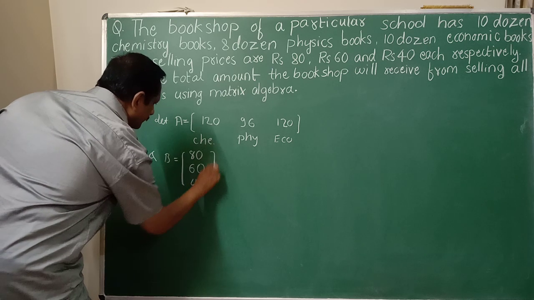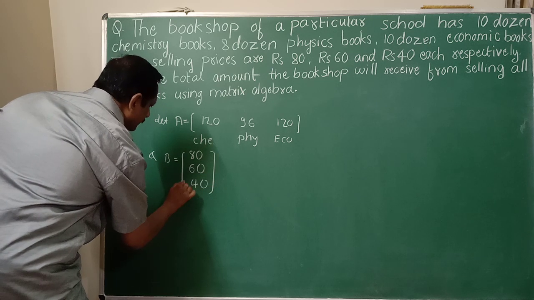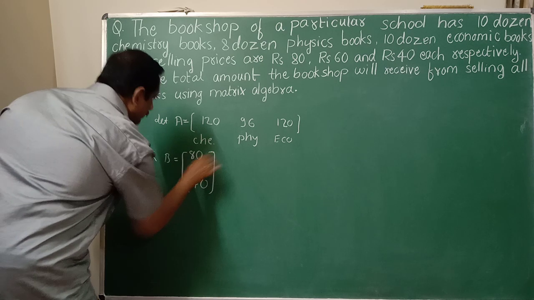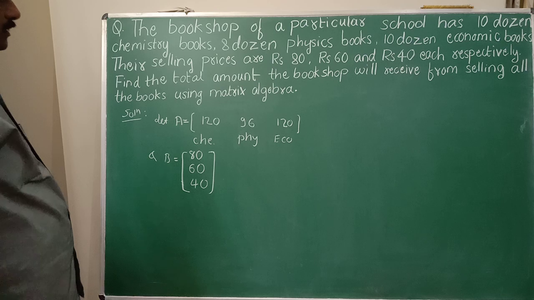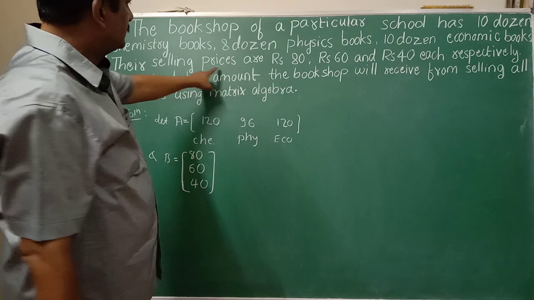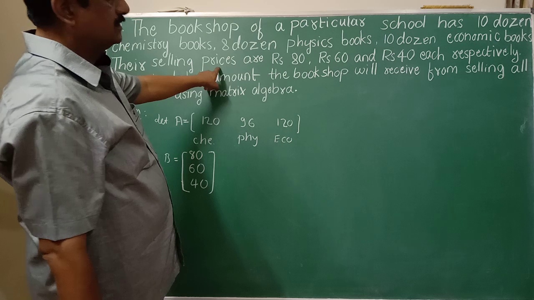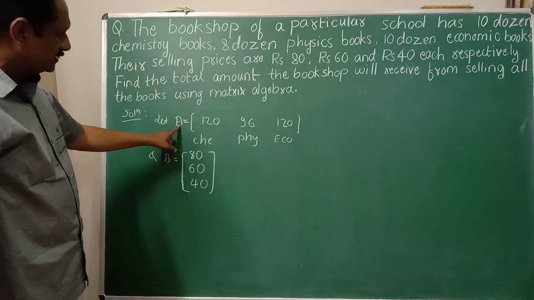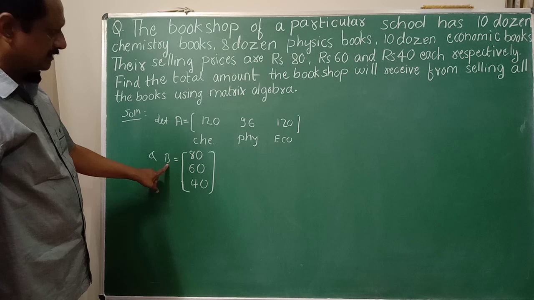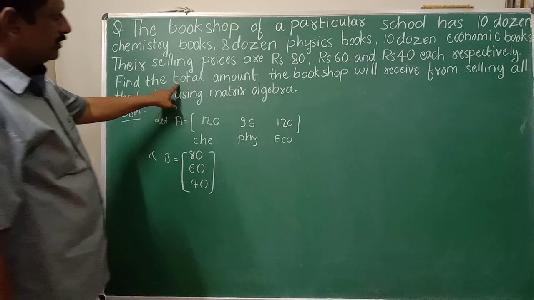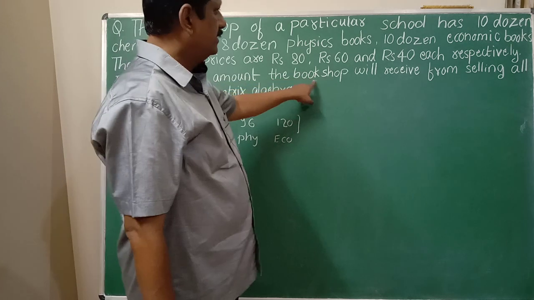They are given respectively, so these are the selling prices of each book. A is this matrix, B is this matrix. Here we want the total amount the bookshop will receive.